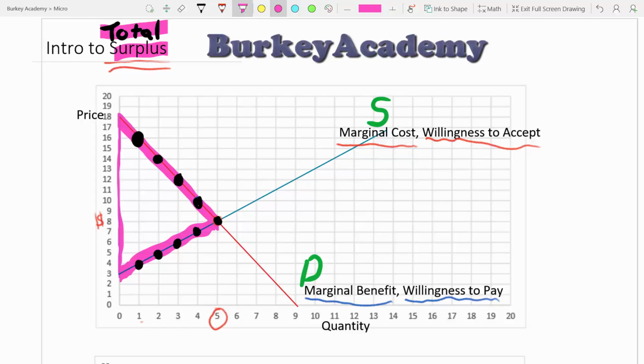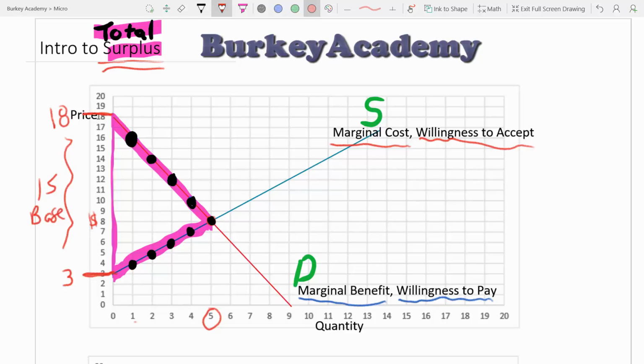Let's do that. So this pink triangle, area of any triangle is 1/2 base times height. In this case, it makes it easy to think about the base as being this distance here. The distance between 18 down to 3 is a distance of 15. So that's the base.